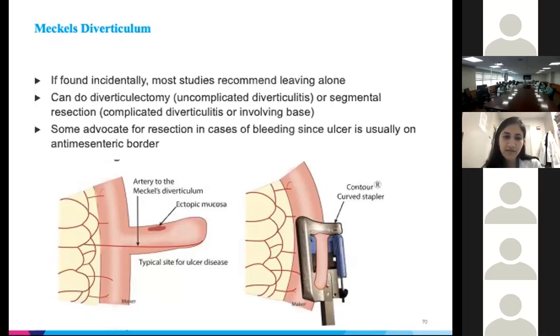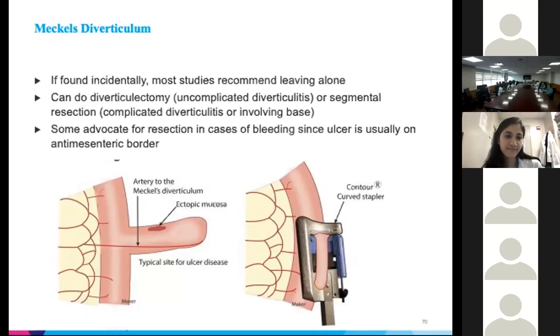That's right, exactly. Things that would predispose it to having obstruction, things like that. If it's a broad base, you usually leave it. Got it. Unless you don't find any other pathology in the belly on exploration. Okay, and it's easy enough to take a TA stapler and staple it.